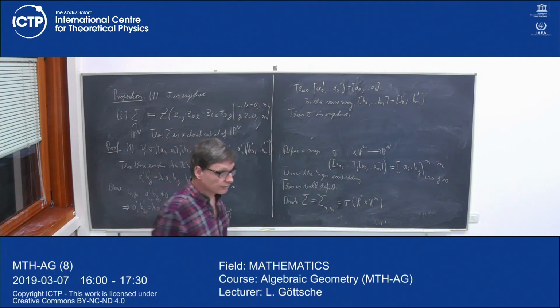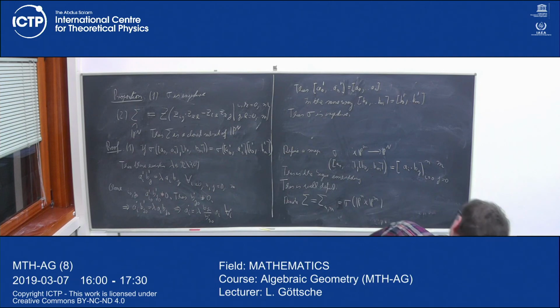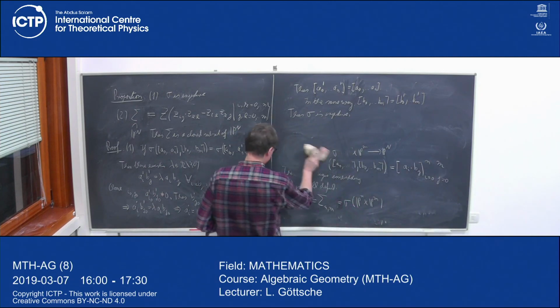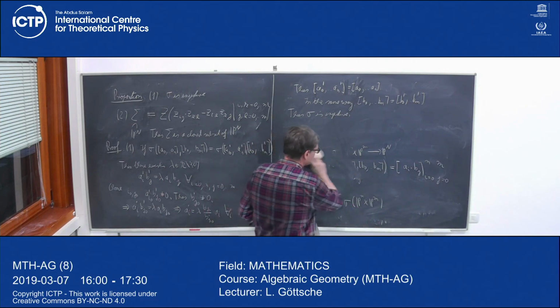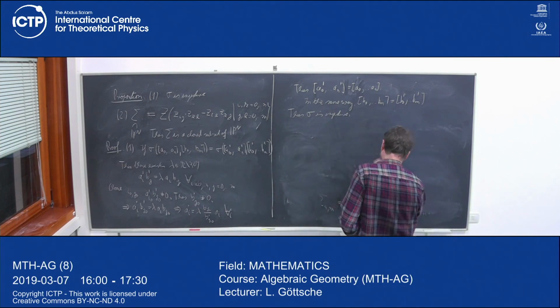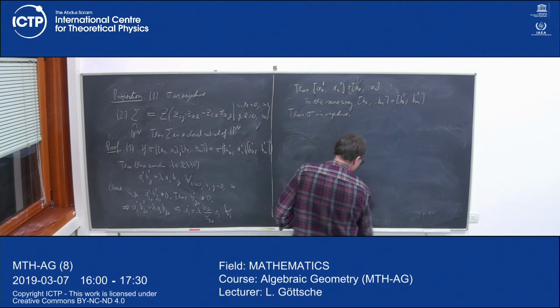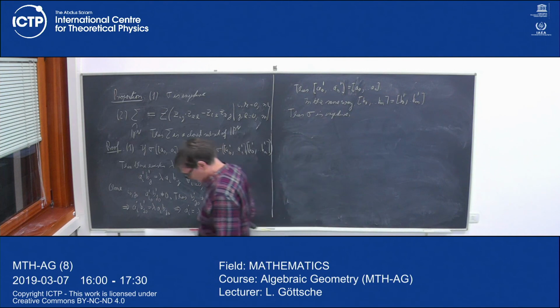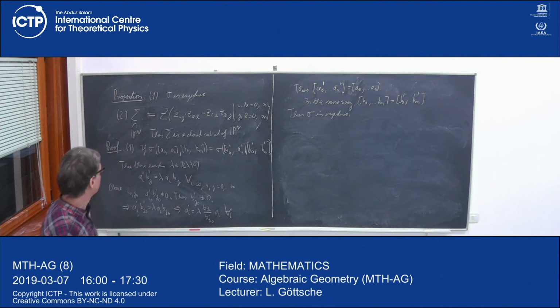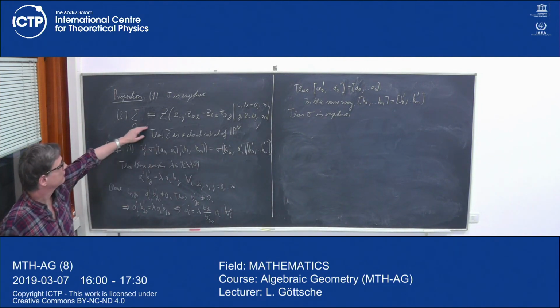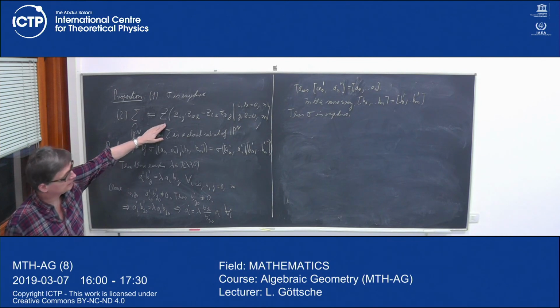So now I want to show the second statement. So we have this nice zero set, so let me give it a name.